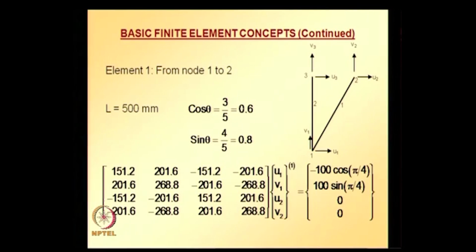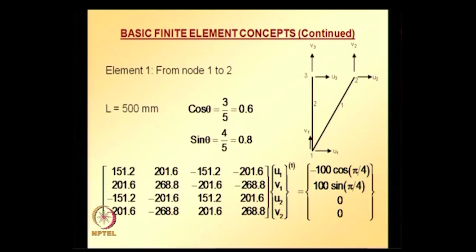In this example, the load applied at node 1 is arbitrarily assigned to element 1, that is minus 100 cos of pi over 4, 100 sin pi over 4, and this is the equation system for element 1.